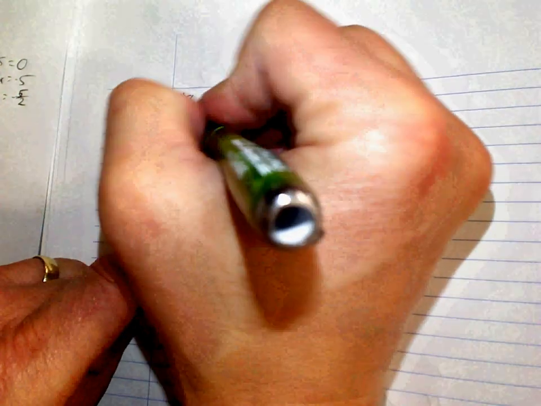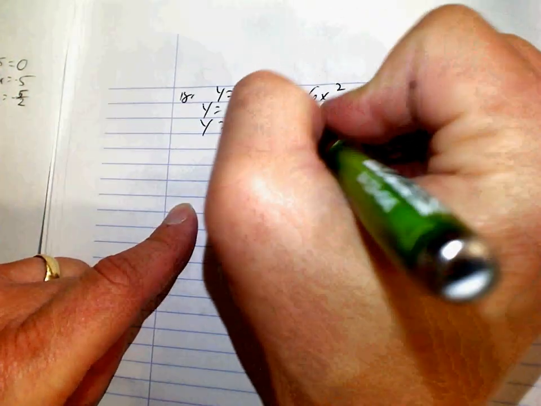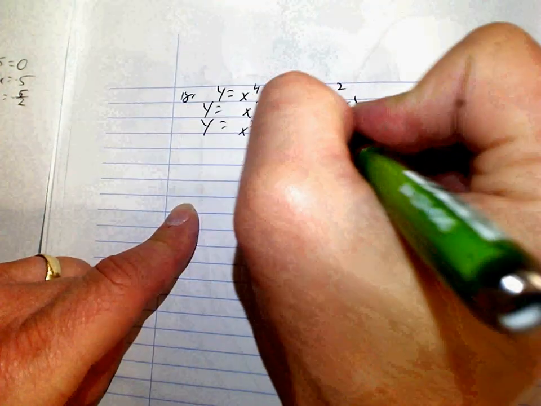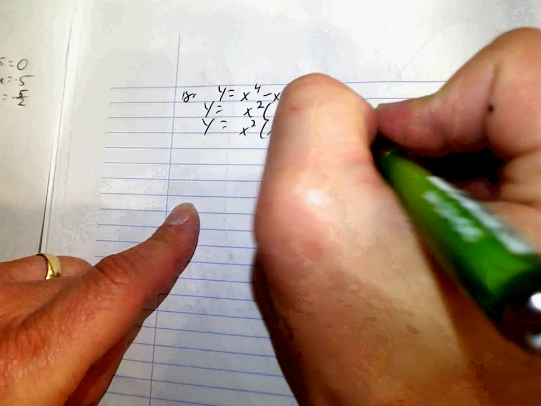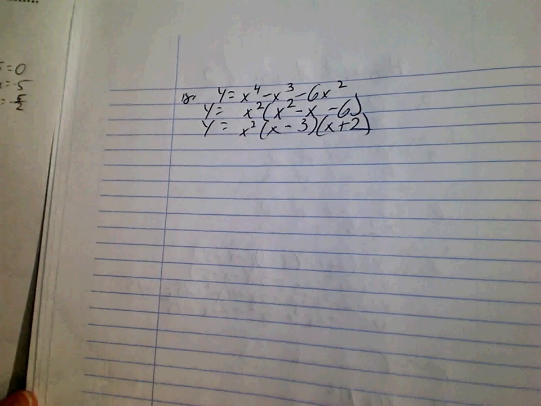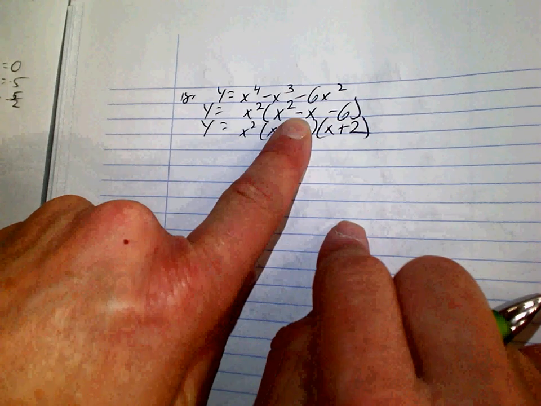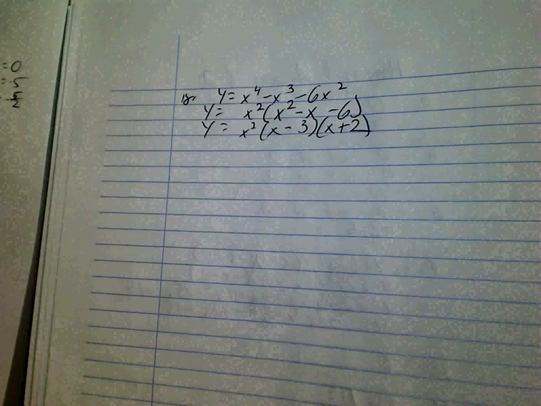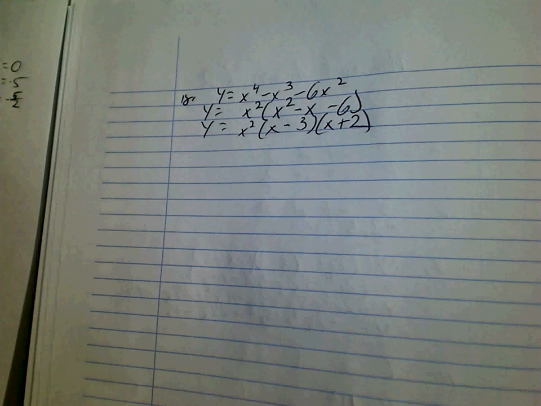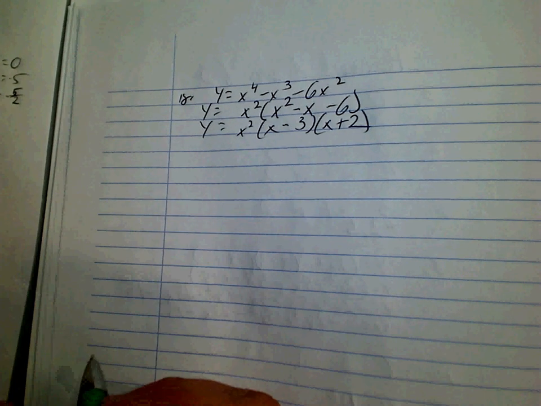And I wonder, will it factor as x minus 3 times x plus 2? That gives you negative 6 and a negative 1x. Okay, there's 18.